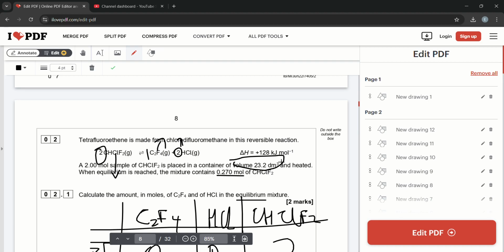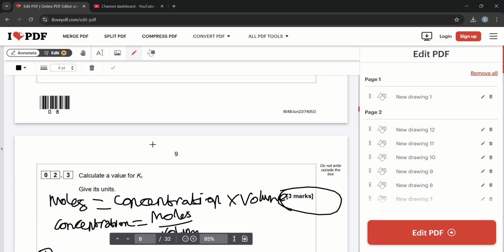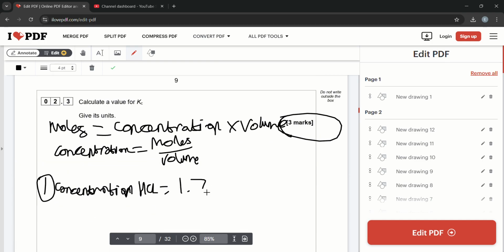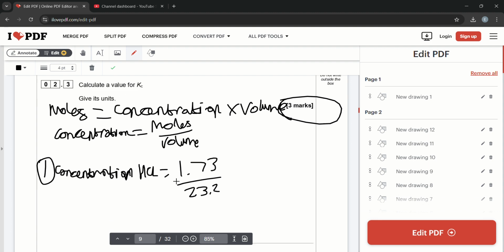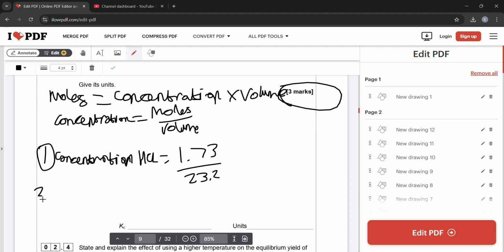We don't have to divide by 1,000 or multiply by 1,000 for this. In this case, it's already in its correct units, dm cubed. So it's just going to be 1.73 divided by 23.2, and obviously HCl is squared, so I do need to square that, which I will show when I substitute it into the actual equation.